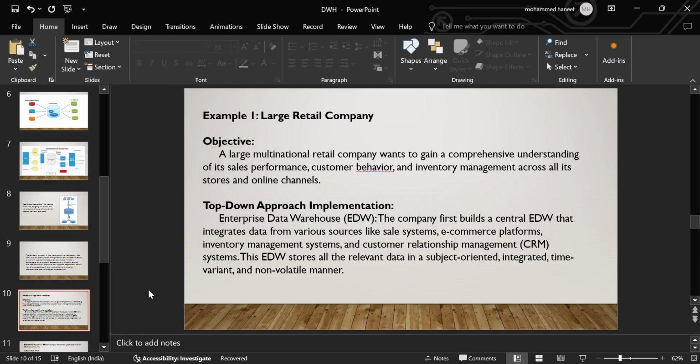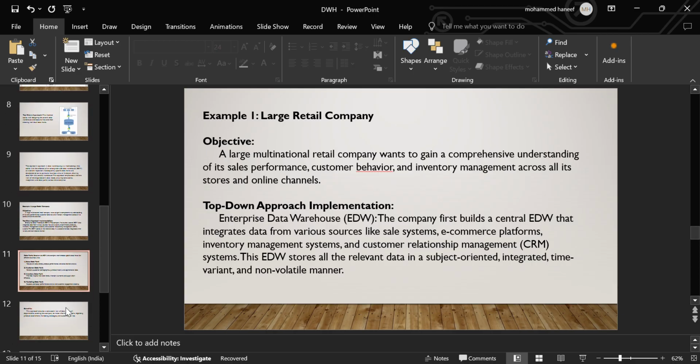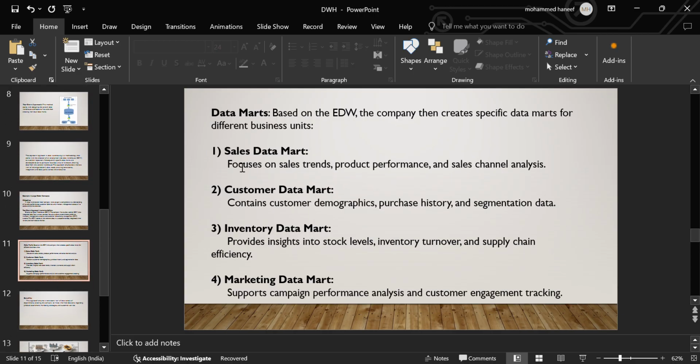After that, you will be creating different types of data marts. After creation of the EDW, you will be creating a sales data mart. As I mentioned in the data warehousing concepts, this is the subject-oriented area.